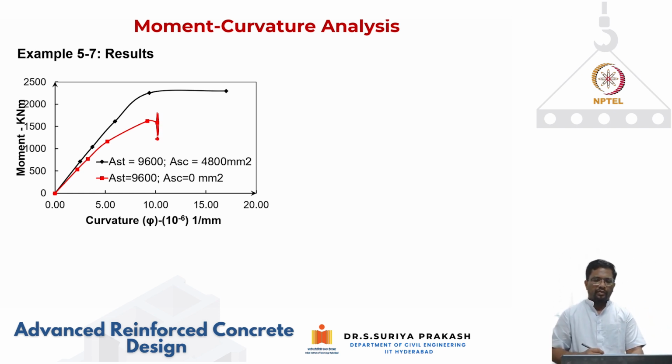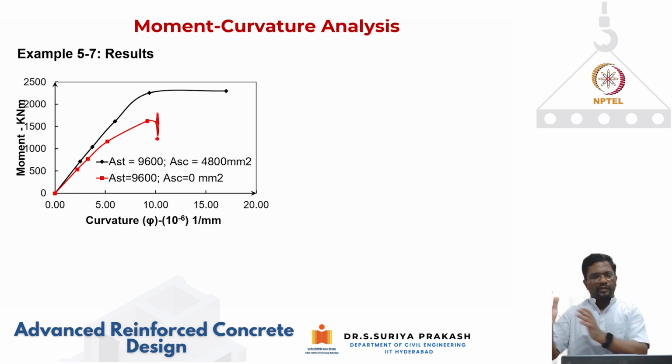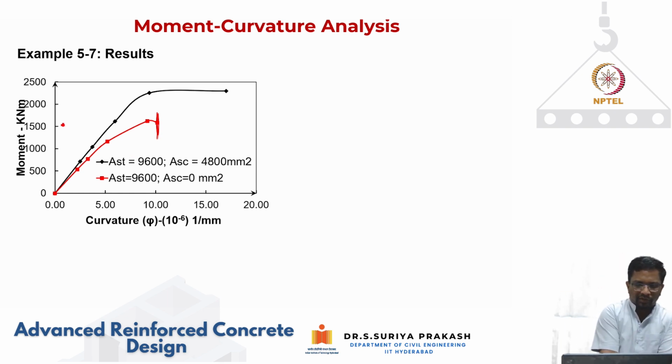So what we can conclude is that by adding compression steel, we have converted the previously over reinforced failure mode into an under reinforced failure mode. I also got more moment resistance, and I also increased my curvature at failure, because moment resistance was previously about 1700, and it has gone to 2400, so there is an increase.